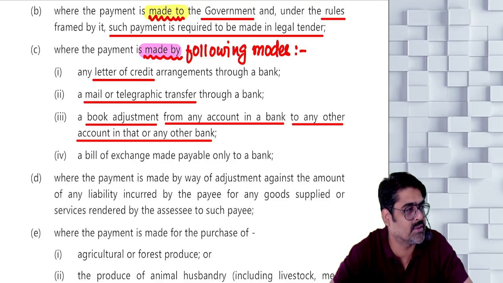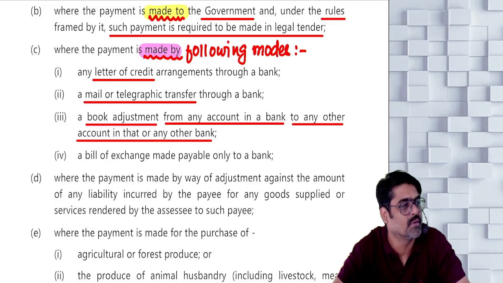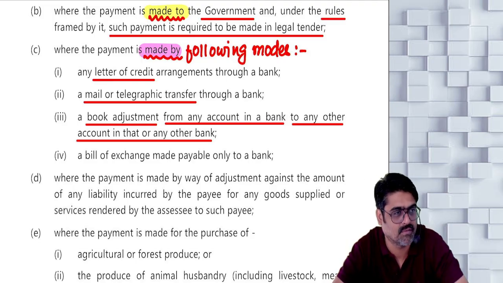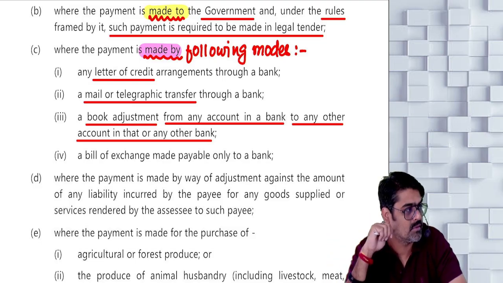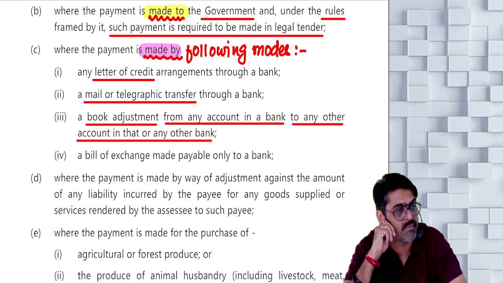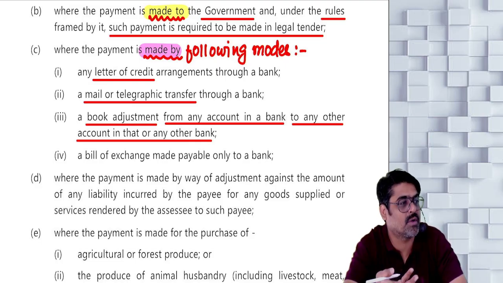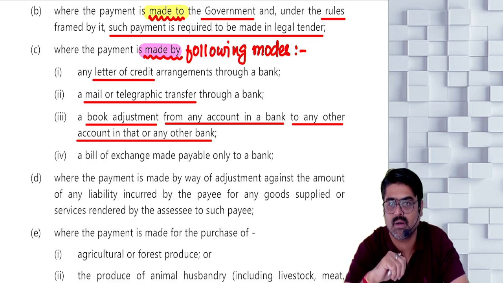How will I make the payment? I will give instructions to the bank that from my account, transfer the money to the account of this person. The account can be in the same bank or in another bank. As per my instructions, the bank will do the transfer. From one account, the money is getting transferred to another account.